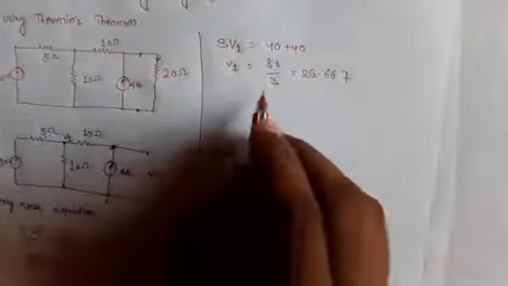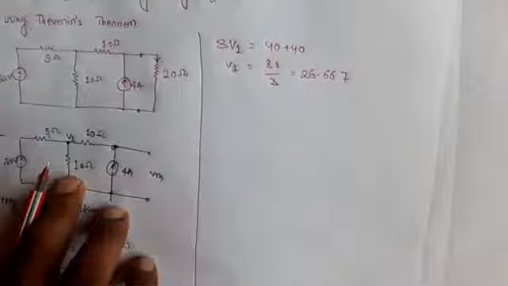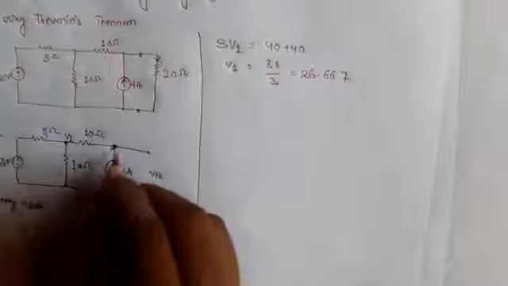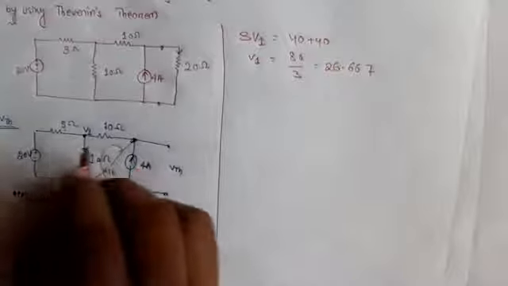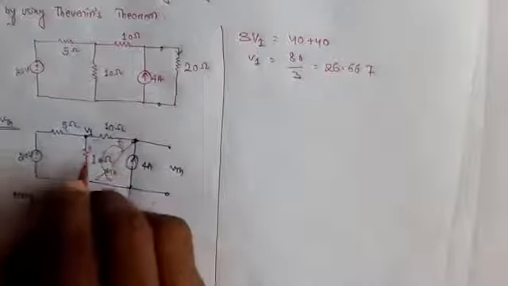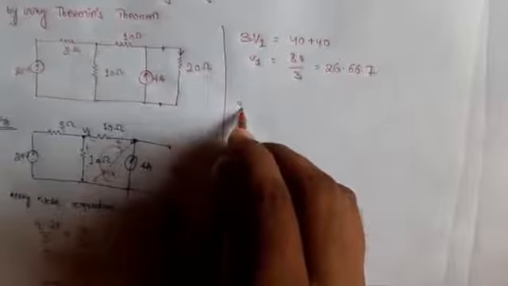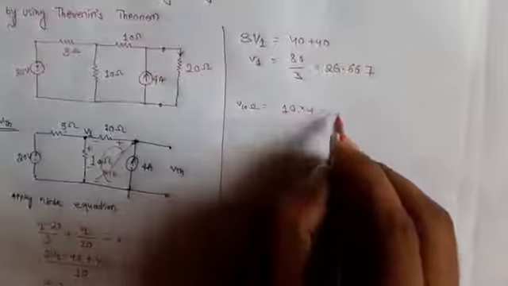This is our V1, so we need to find the voltage across this 10 ohm and this 10 ohm. This is also VTH; the total voltage drop is VTH, so we can apply KVL here. The voltage drop across this 10 ohm is 10 into 4, which is 40 volt.